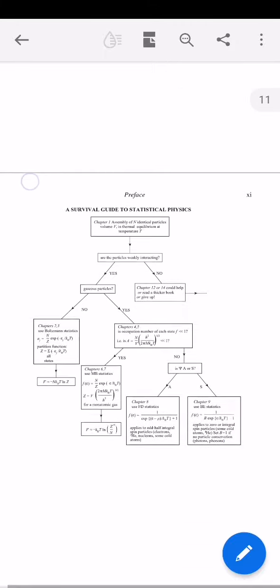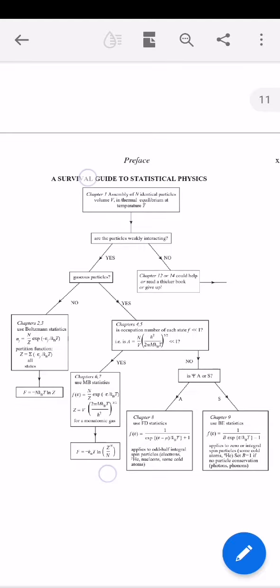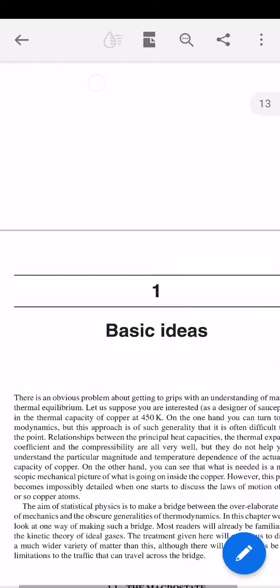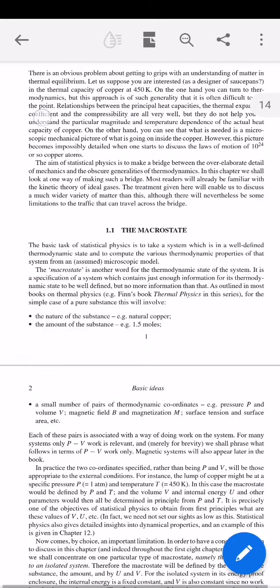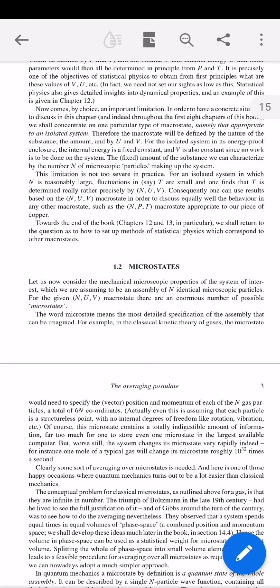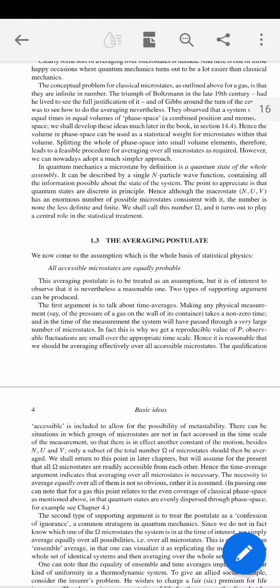And then he gives a plan, an algorithmic plan. So the algorithmic plan contains equations as anticipated. So: assembly of Avogadro number of identical particles, volume and thermal equilibrium, temperature T. So this is an algorithmic diagram of understanding. And then it talks about basic ideas, macrostates, microstates, defining what a microstate is, defining what a macrostate is, the averaging postulate, which is that all accessible microstates are equally probable.